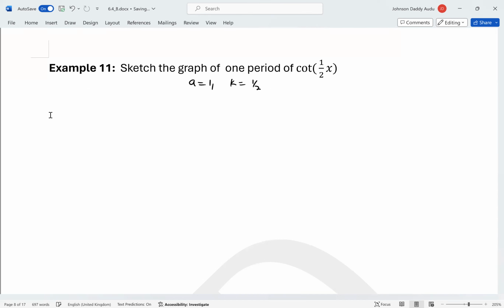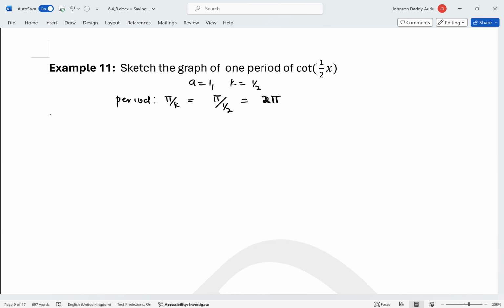So if K is half, then the period pi over K is pi over what? Pi over half. And if this is pi over half, this will just become 2 pi.